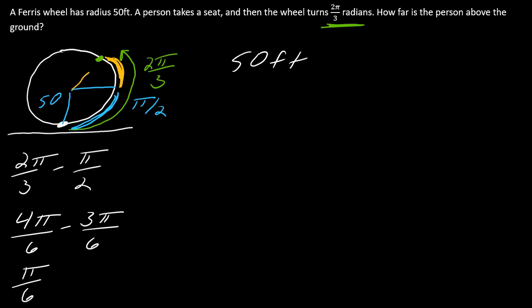I'm going to draw a little triangle from here to here. This angle is pi over 6. I'm trying to get the distance above the ground, so what I really need to know is this straight length right here. Then I take this plus this and I'll have the distance above the ground.